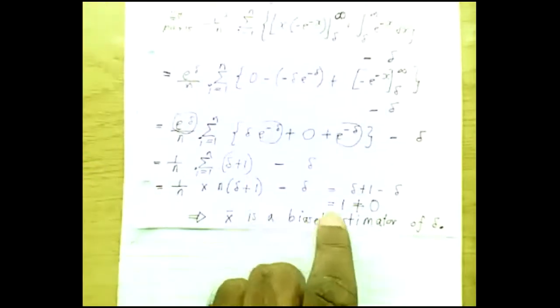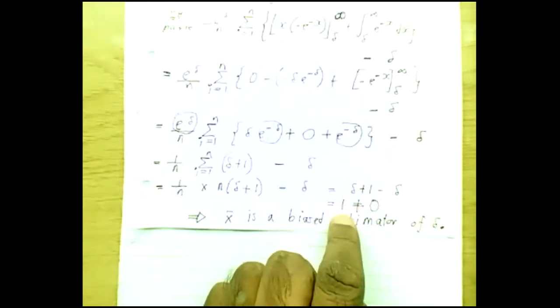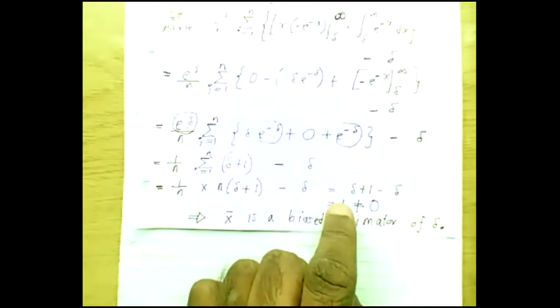What we have shown is that the bias of X bar is 1, right? So in order to make this equal to 0, what you have to do is to subtract 1 from the estimator. So if you take away 1 from the estimator, the bias will become 0.